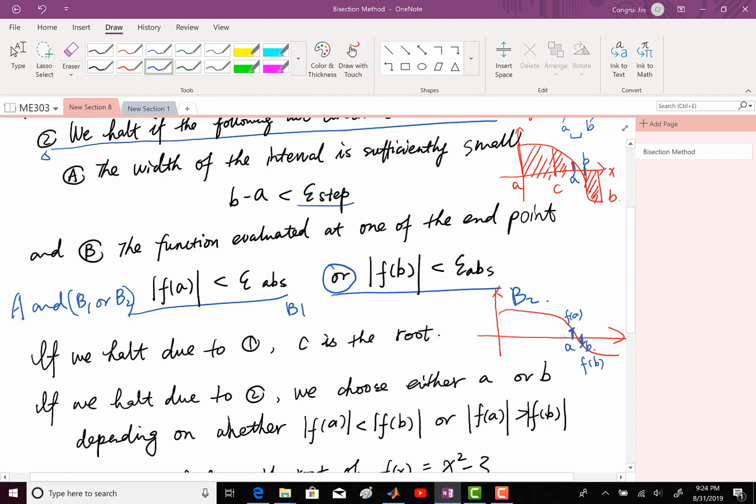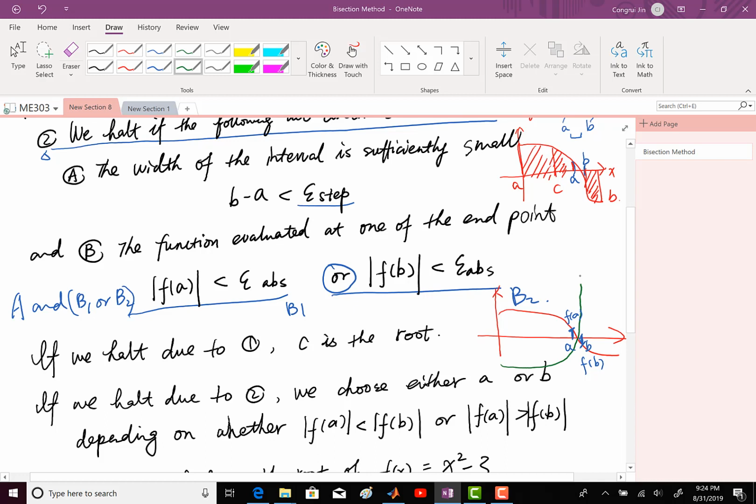If they are exactly the root, FA or FB should be 0, right? Since they are the approximate value of the root, they are not exactly 0, but they should be small enough. For some function, for example, we have a function like this, right?